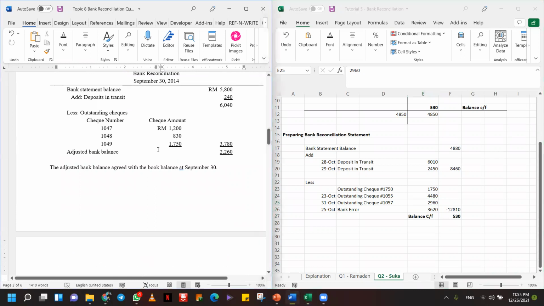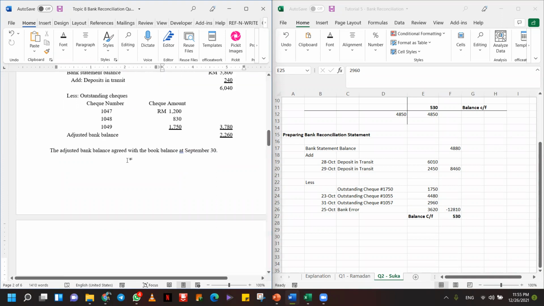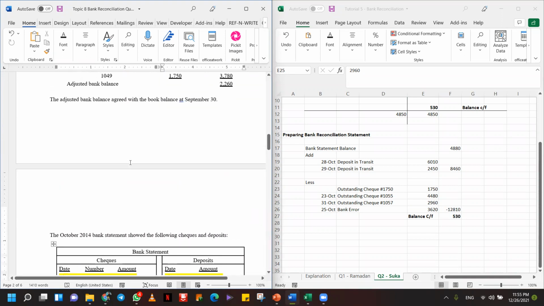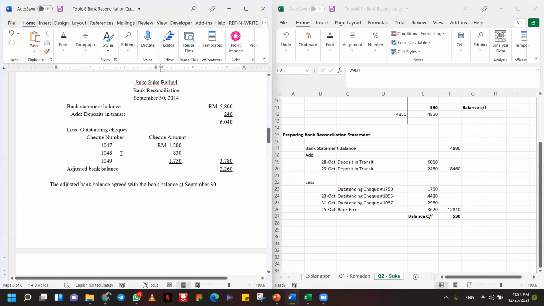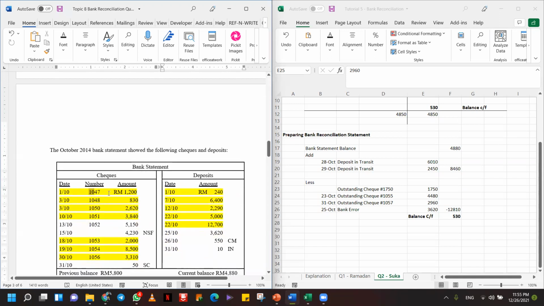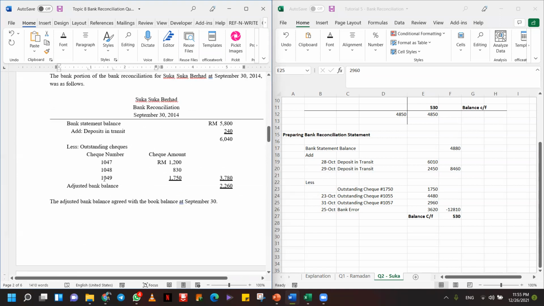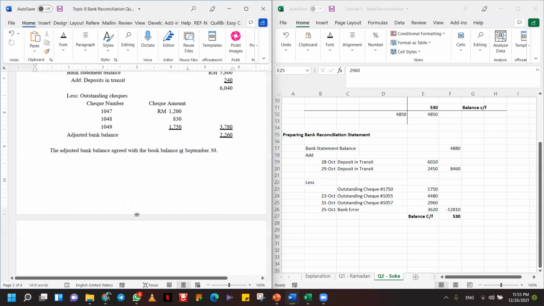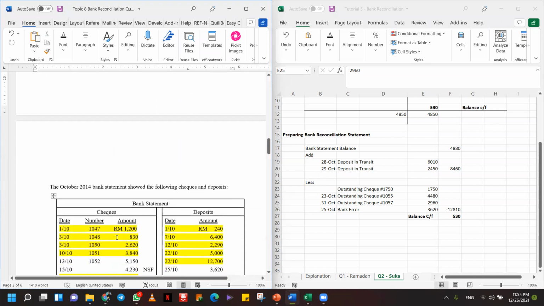Sorry. So for the checks in September, the checks that were in the cash book in September, which is check 1,047 and 1,048, were paid by the bank, or were in the bank statement for October. However, check 1,049 is missing.